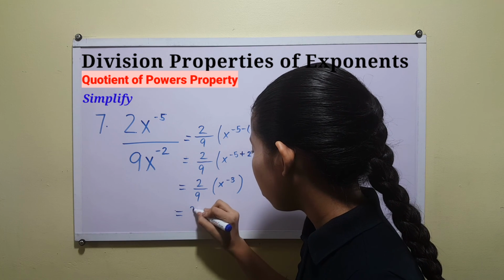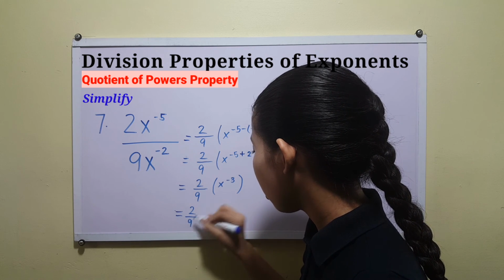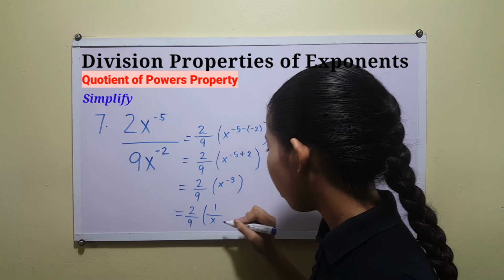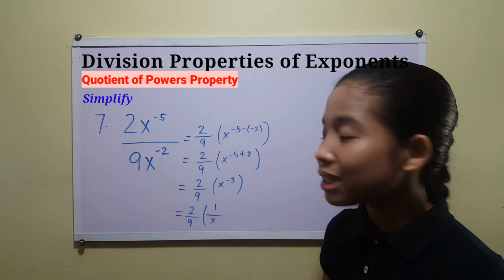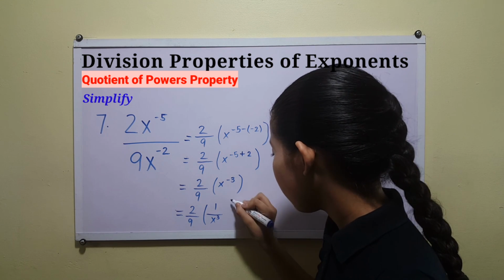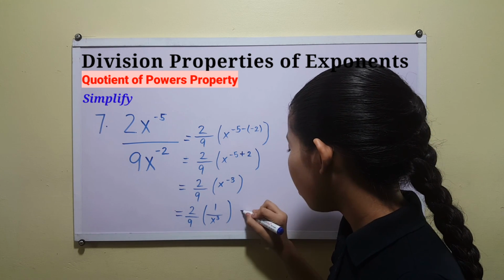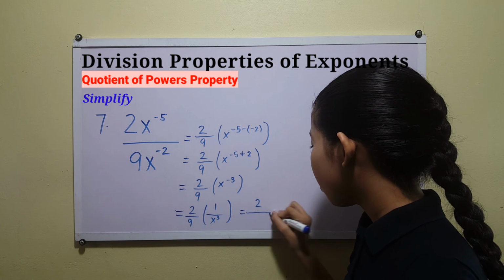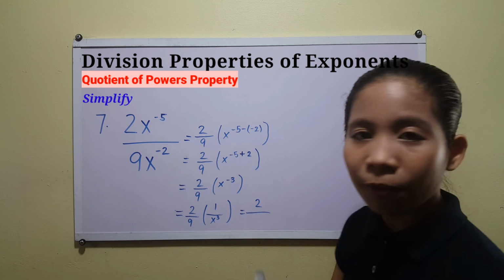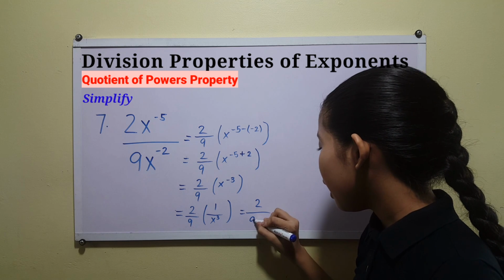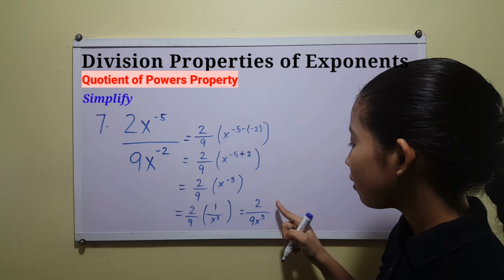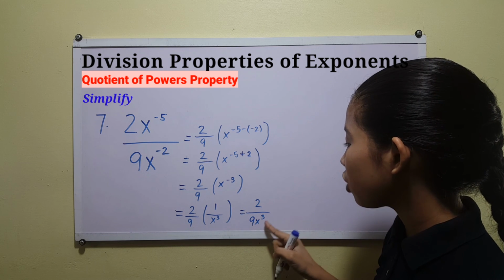We have 2/9 times 1 over x to the power of the positive exponent, 3. Let us now multiply. 2 times 1 is 2. And 9 times x to the power of 3 is 9x to the power of 3. So our answer is 2 over 9x to the power of 3.